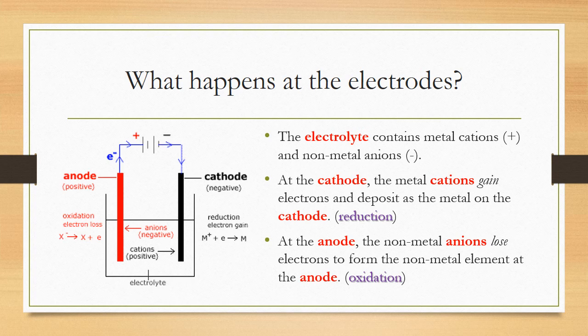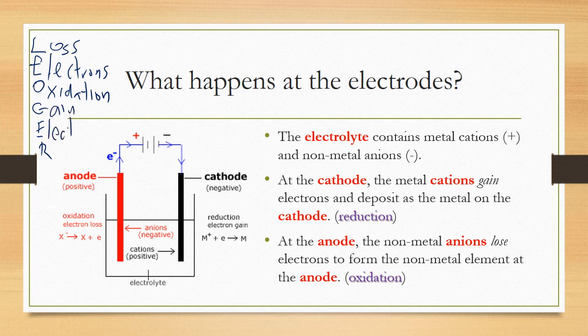Now, how do I remember this? Well, I remember it the following way. LEO goes GER. Loss of electrons is oxidation, and gain of electrons is reduction.